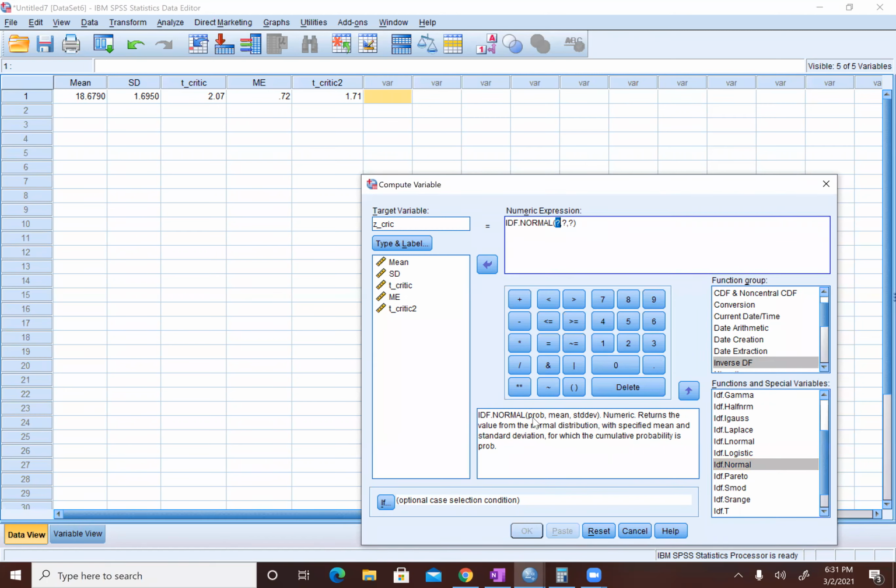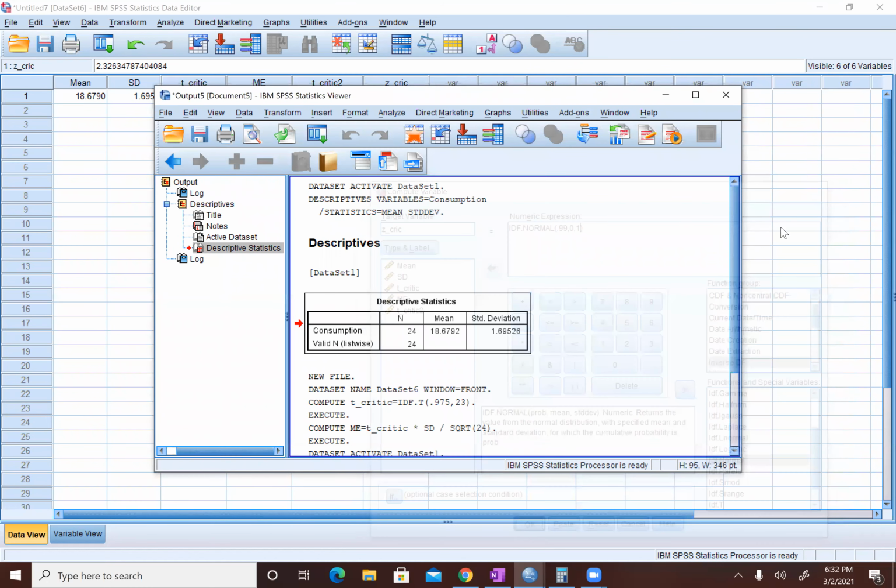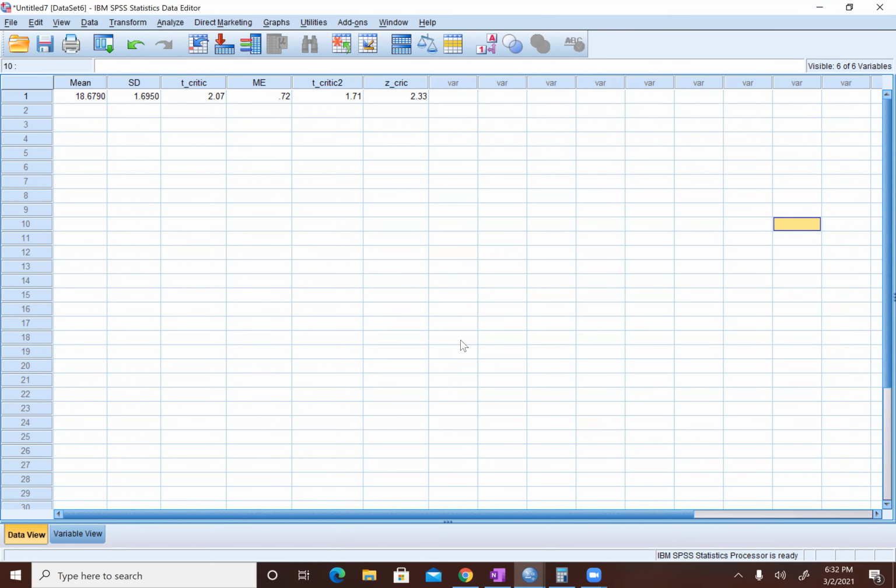It tells you that in the first place, put in the probability you want to have for the cumulative probability, and we want a cumulative probability of 0.99. And then it asks for mean and standard deviation. But remember, we are now dealing with the standard normal, the z variable. So for us, this is just 0 and this is just 1. So Z critical is 2.33.